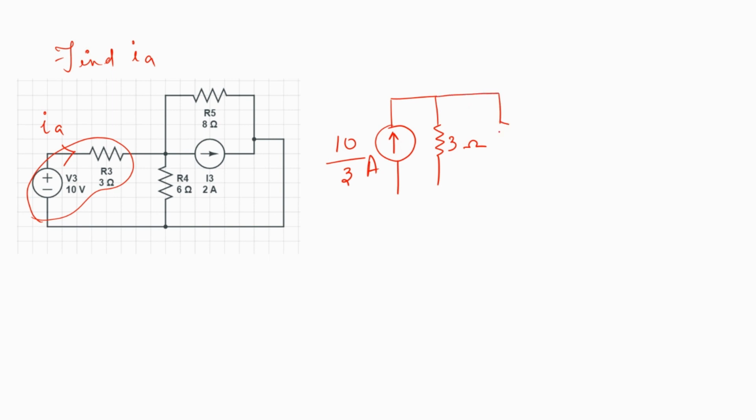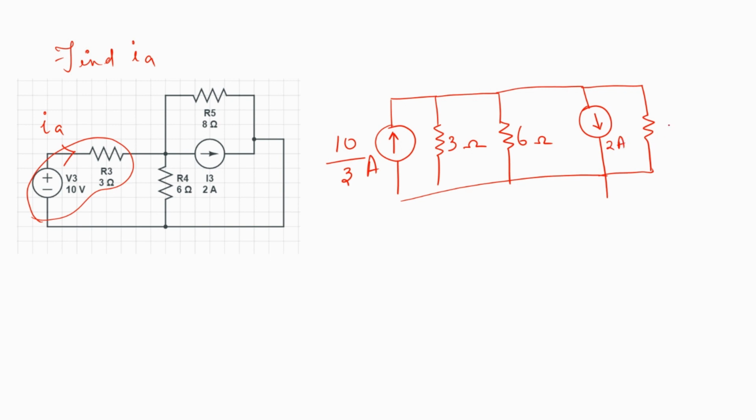Now we'll redraw the remaining circuit and keep it as it is without disturbing it. So this is 6 ohms. Here we have the current source and the internal resistance connected in this manner, wherein I can redraw it like this. So this is my 2 amps and this is my 8 ohms.